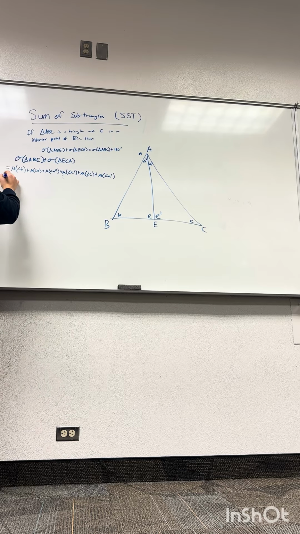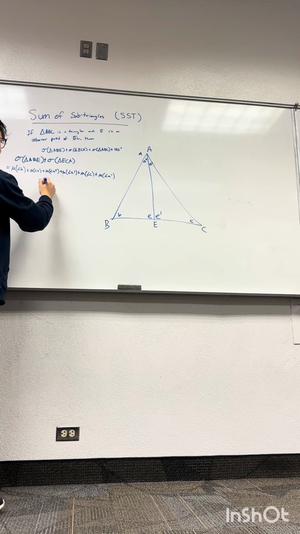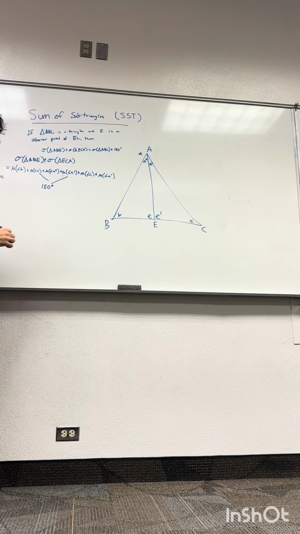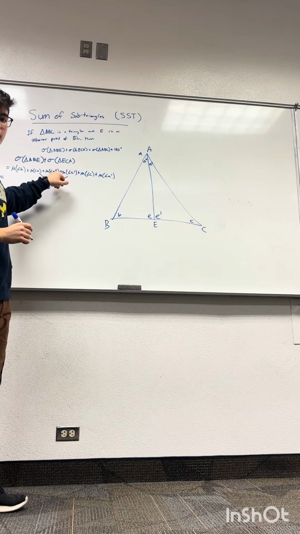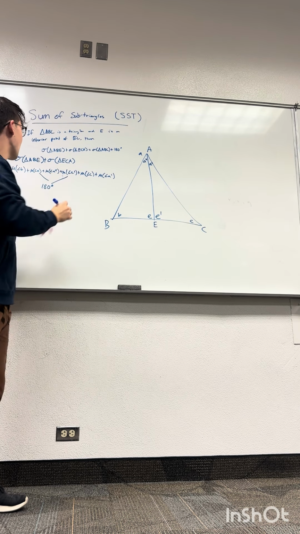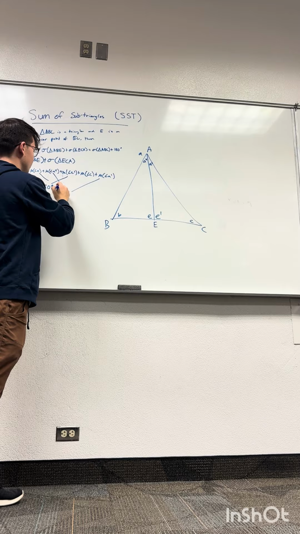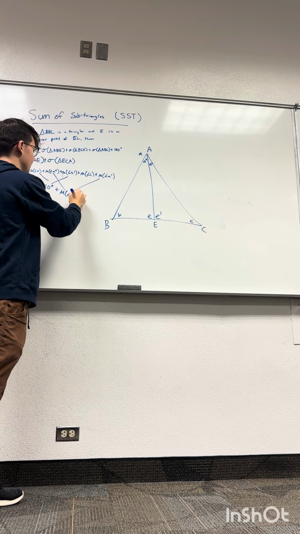So let's replace E plus E prime with 180 degrees. And then we also have A and A prime being added. So let's add those two up to just be angle measure of A.